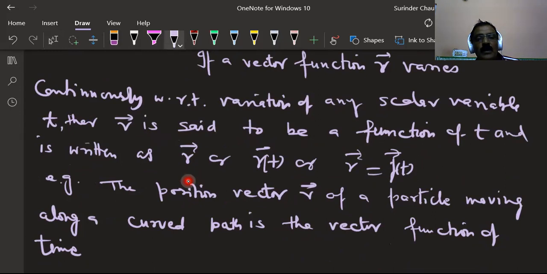For example, the position vector R vector of a particle moving along a curved path is a vector function of time.